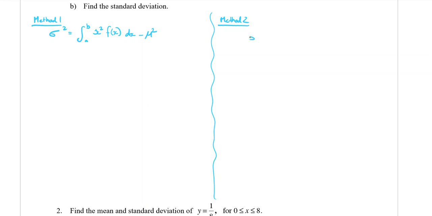And this one is sigma squared equals the integral between a and b of x minus mu squared, times f of x dx. I reversed them from what's in the book, but that's okay. So they're the 2 formulas that we have. Let's use both of them.